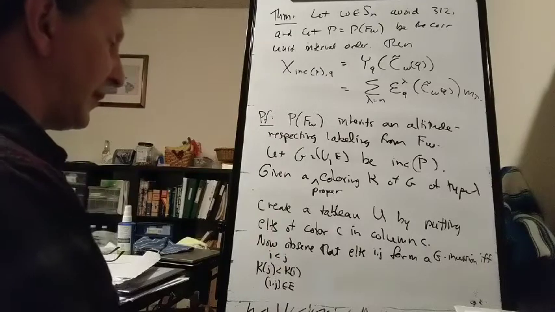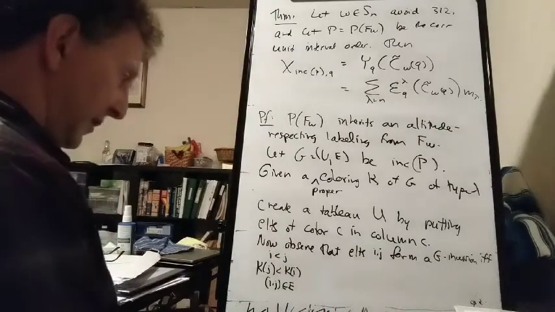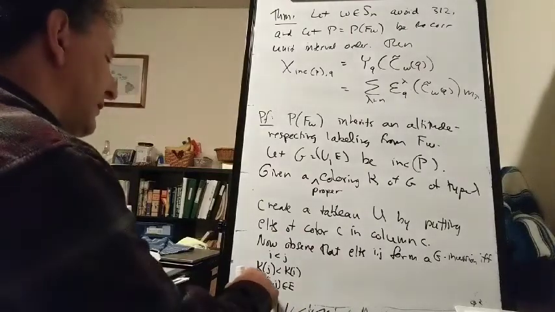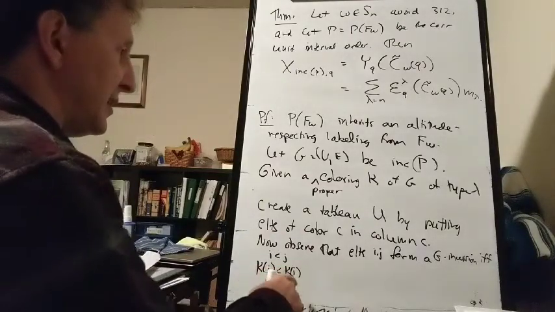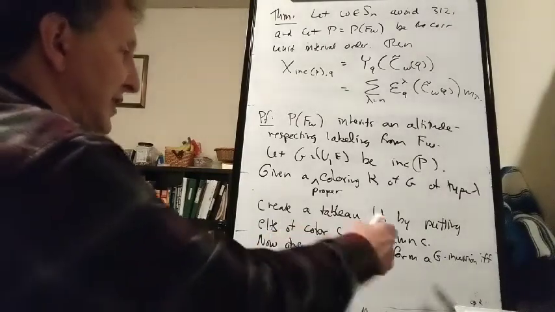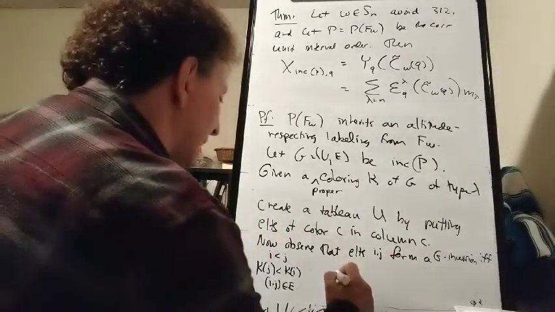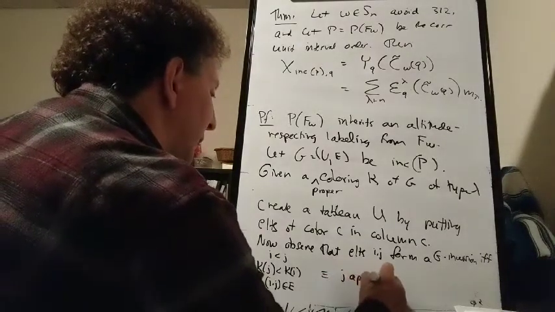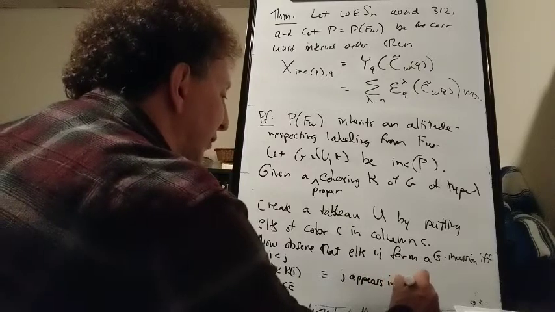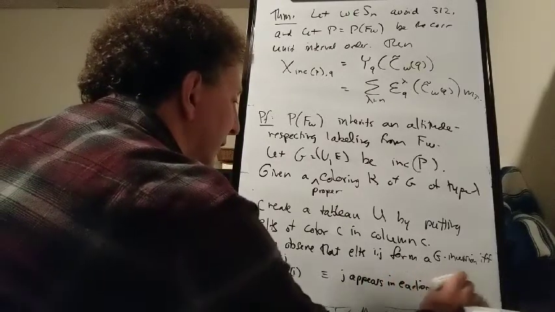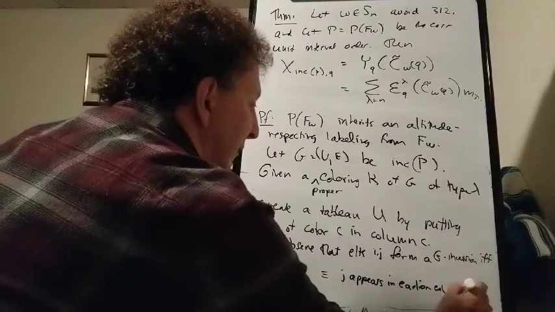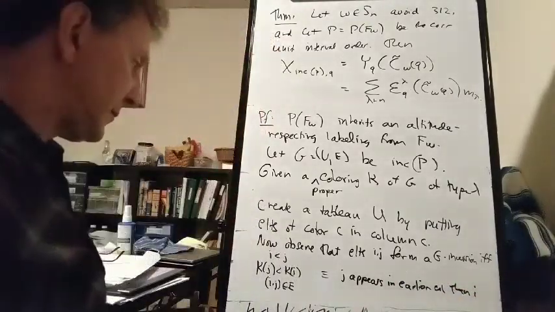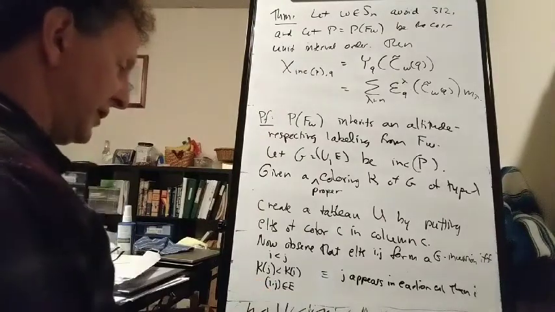Now these conditions, if we think in terms of the poset: I is less than J as integers is the same thing. Color of J less than color of I, well, we put elements of color C in column C. So that means that J appears in an earlier column than I. And then IJ is an edge.